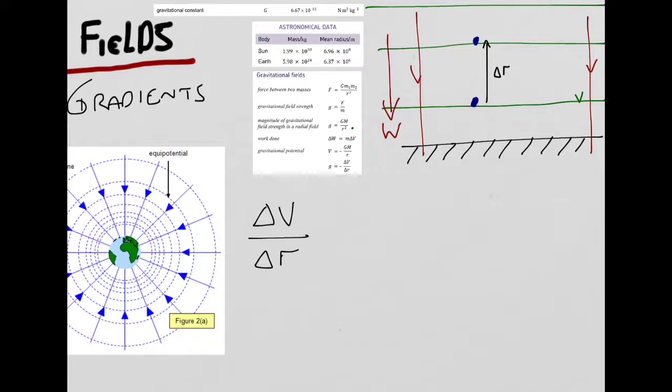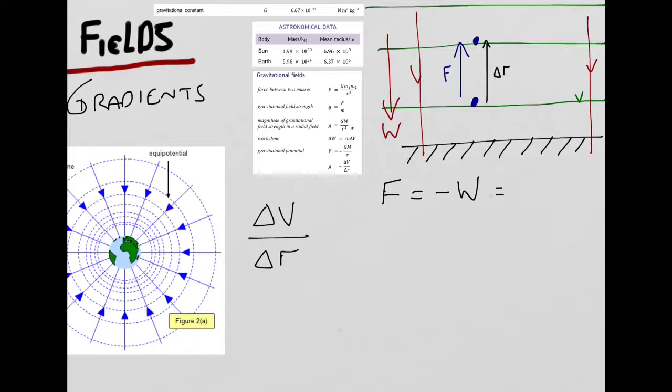I've got to do work, and that means I've got to apply a force in this direction, and these will be equal and opposite. So we can write that mathematically, that the force I will need to apply will be equal to minus the weight.